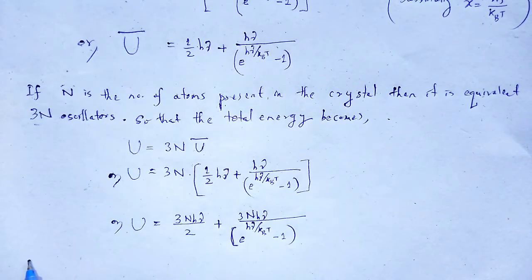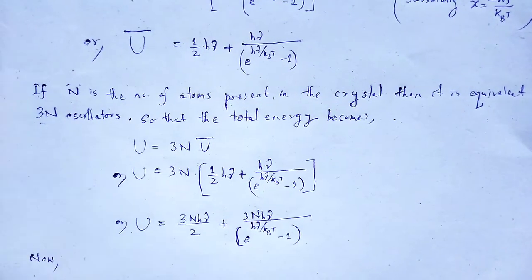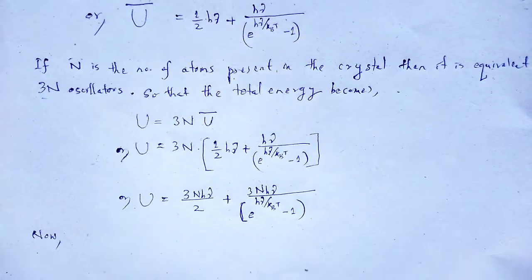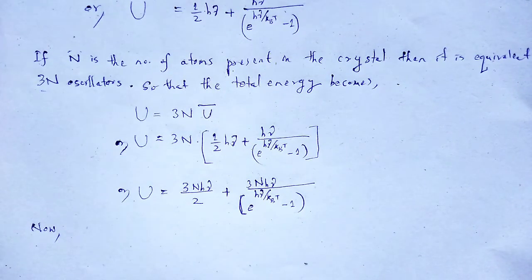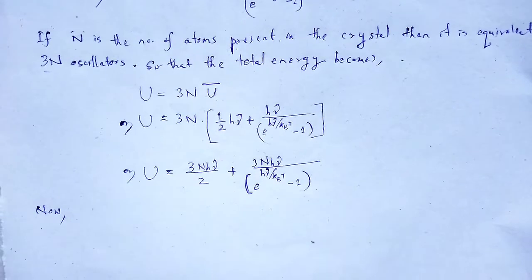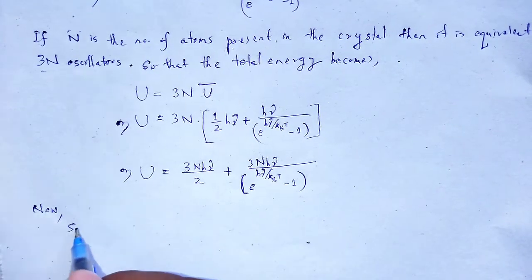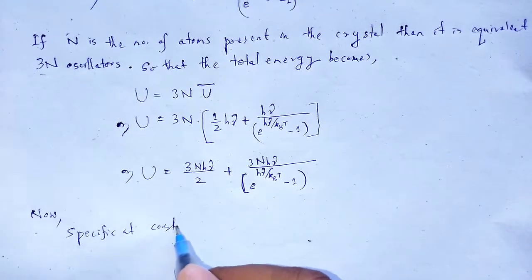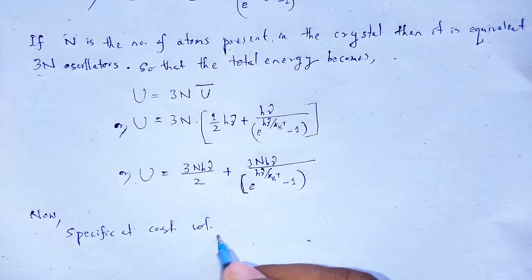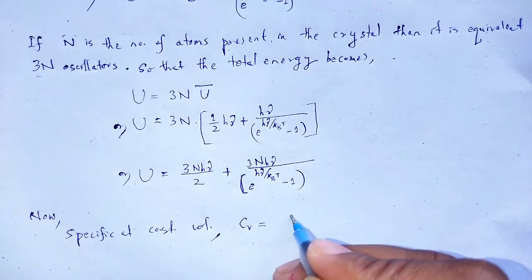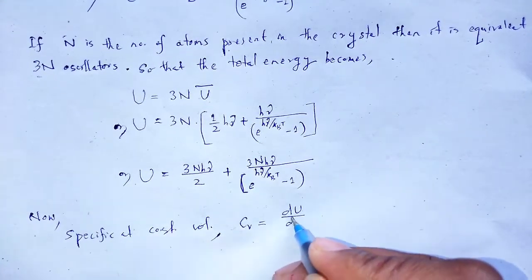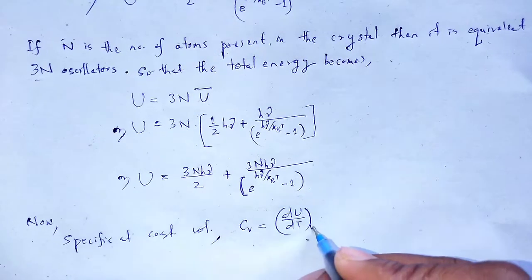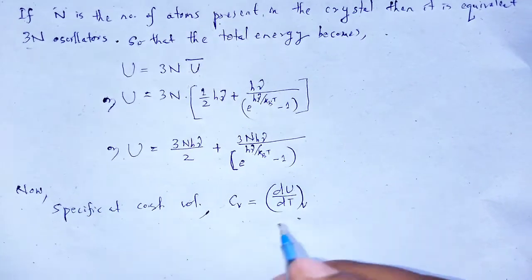Now the specific heat at constant volume. Cv is equal to dU by dT at constant volume, V equal to constant.